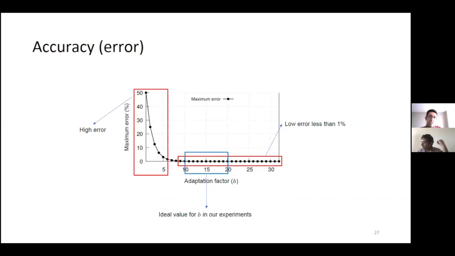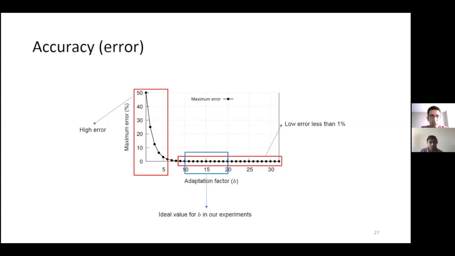Here is another graph. In this graph, the x-axis is again the adaptation factor, and the y-axis is the maximum error. As we expect, when b increases, the error also increases, simply because we are having more groups. And we can see that we have a very low error toward the end of the interval.